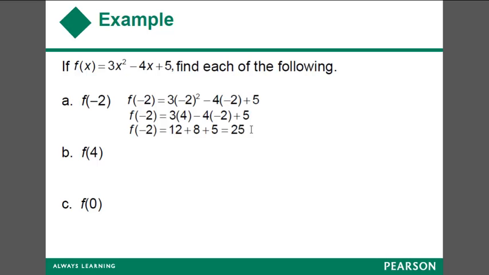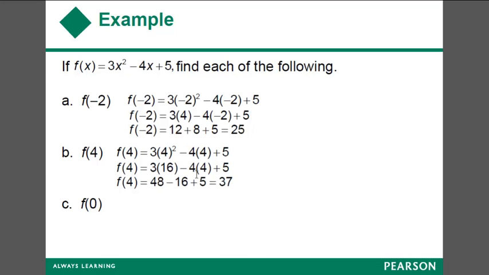Let's look at B, f of 4. That means I'm going to go back to my original equation and I'm going to replace the x's with 4, as I've done here. 3 times 4 squared minus 4 times 4 plus 5. 4 squared becomes 16, and then I can multiply. 3 times 16 is 48.